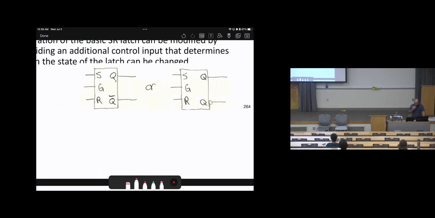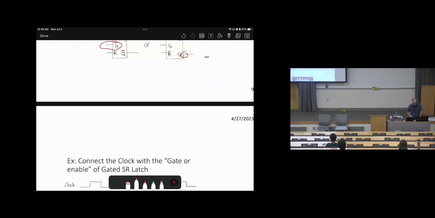So this is how we draw this scenario. We just add a new one called gate here. And we can either make Q bar or put the bubble, as we know. We are already familiar with this, but the difference is we have a gate, and that gate will determine what the output will be.